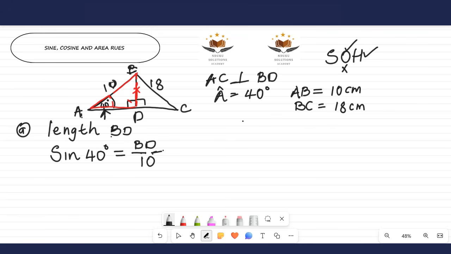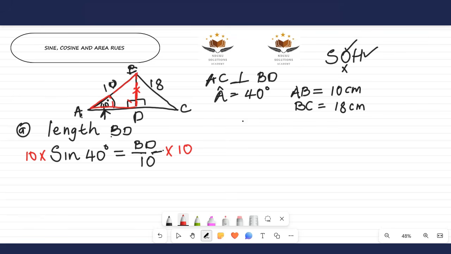And then we need to make BD the subject of the formula. So as far as mathematics is concerned, we need to multiply by 10. Multiply both sides by 10. Whatever you do on the right, you must do on the left hand side.